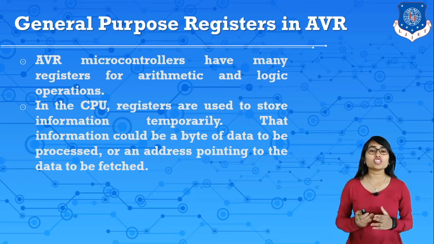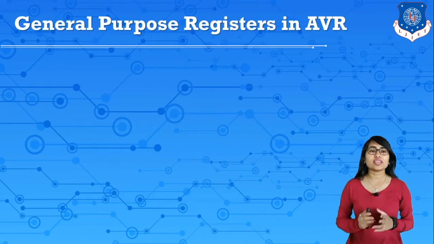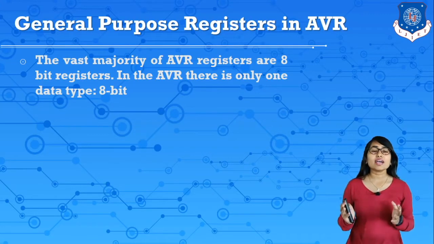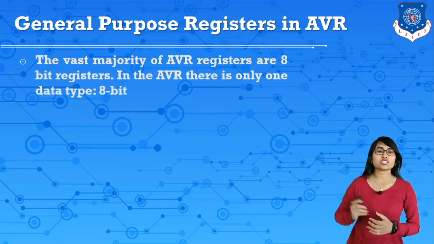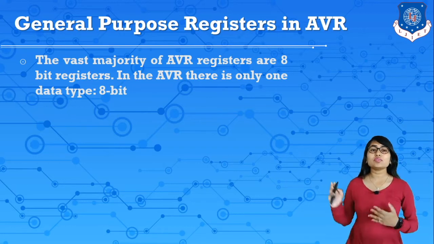That information could be a byte of data to be processed or an address pointing to the data to be fetched. So the data in a processor can be either data or an address. The general purpose registers in AVR are a vast majority of 8-bit registers.